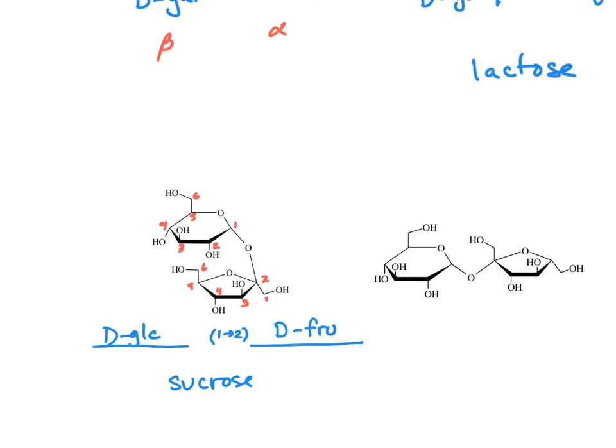And here's the even trickier part. The rule was we need to include a Greek letter for any time that we have an anomeric alcohol buried in a glycosidic linkage. Now the anomeric alcohol from glucose is off number 1. The anomeric from fructose is off number 2.